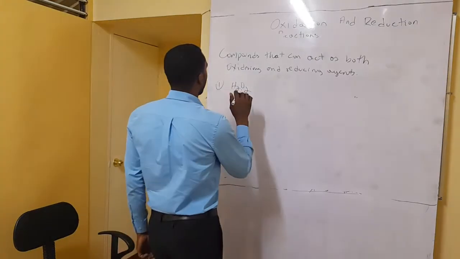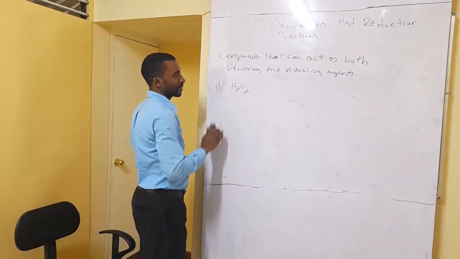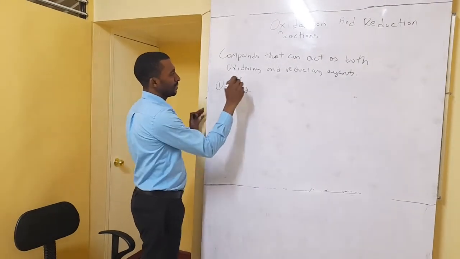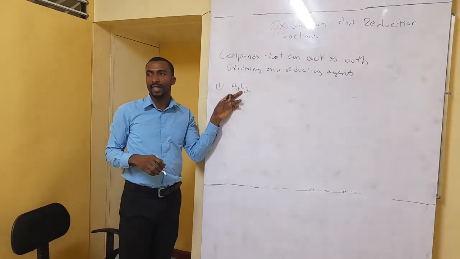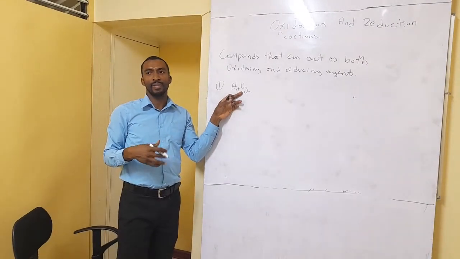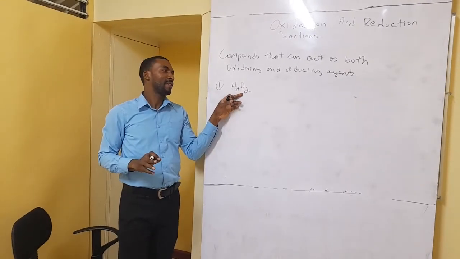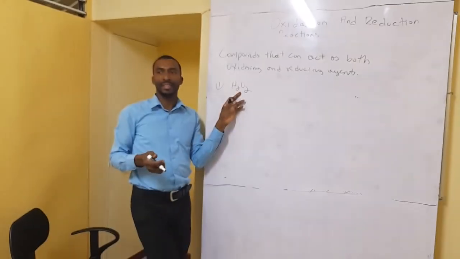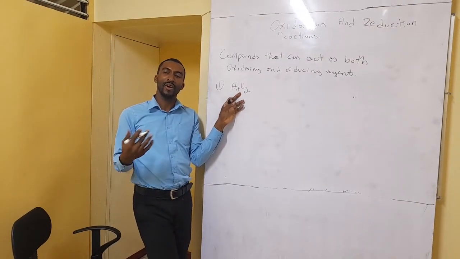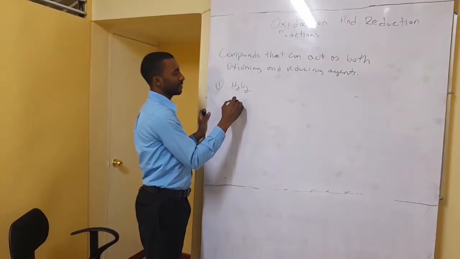Just hydrogen peroxide. As you can see, if we react hydrogen peroxide with a strong oxidizing agent such as potassium permanganate, it will act as a reducing agent. If we react hydrogen peroxide with a strong reducing agent such as potassium iodide, it will act as an oxidizing agent. So you can read up on reactions of this for a moment, right?